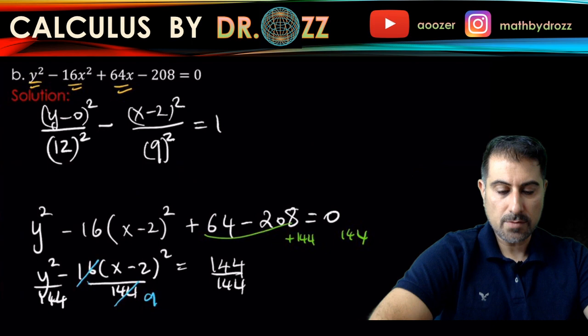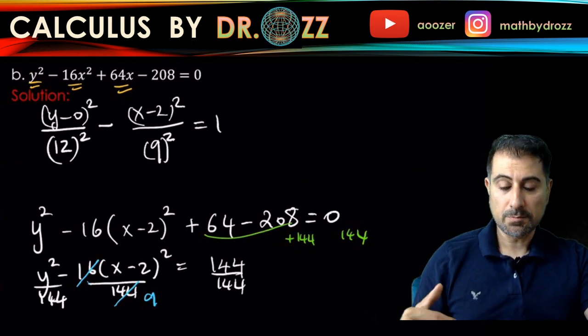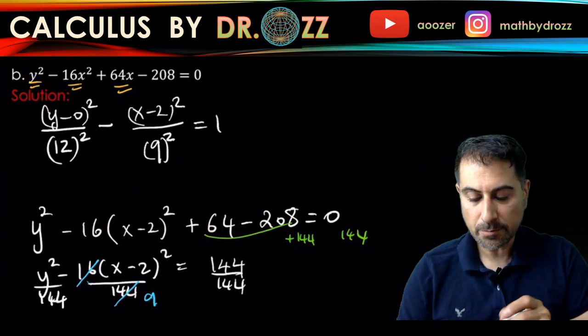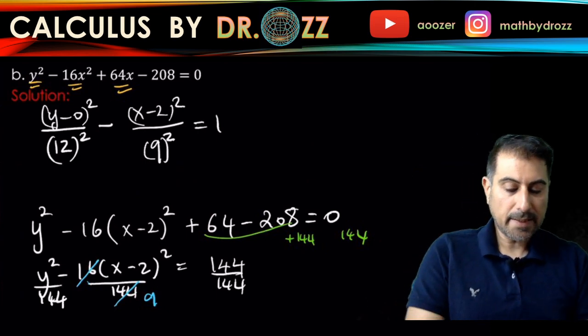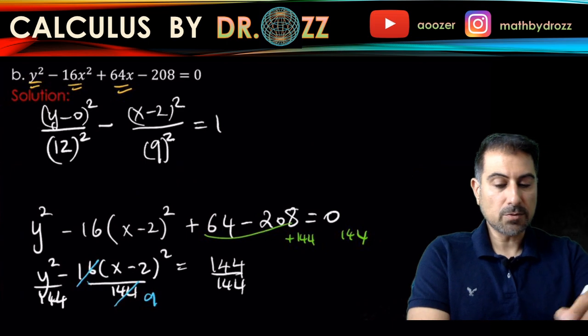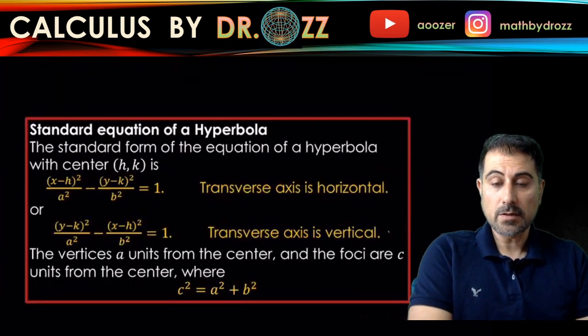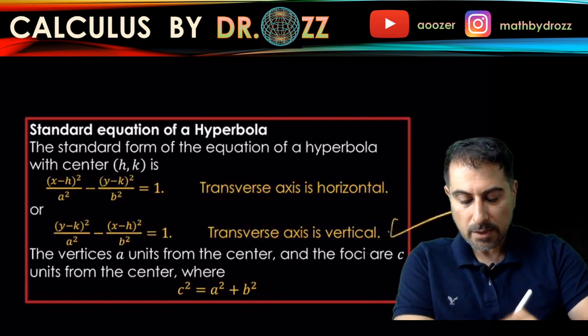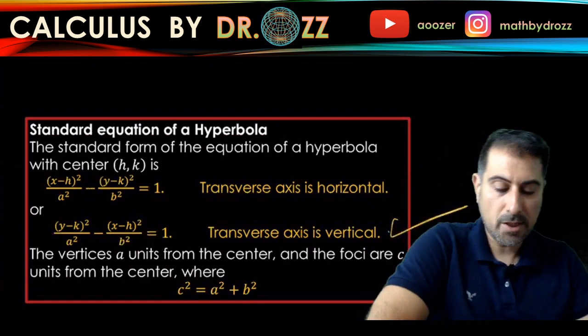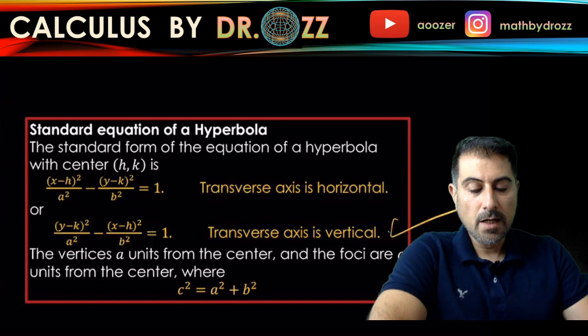As in the previous case, the y term comes before the x term, so that's the positive term. That matches with the case where the transverse axis is vertical, like in the second case here. So let's grab the location of the center, h and k, and a and b.